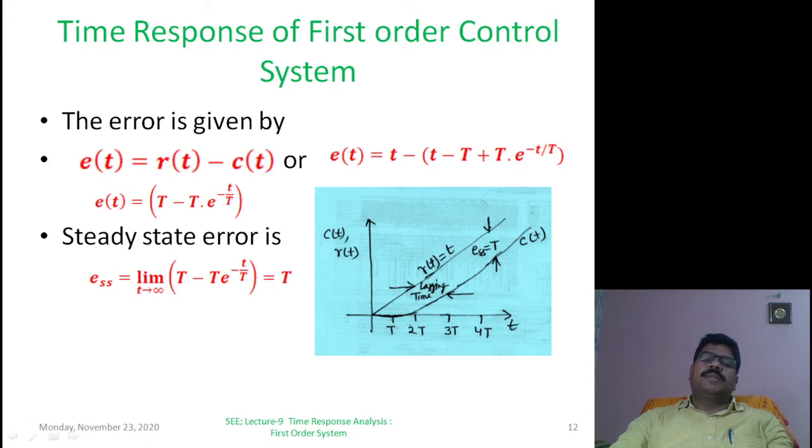The reference input is t, meaning the ramp signal, so R(t) will be small t, and that is the input. The output, since it has an error, that is capital T equal to the time constant, will be a curve like this, starting from this point and rising like this.